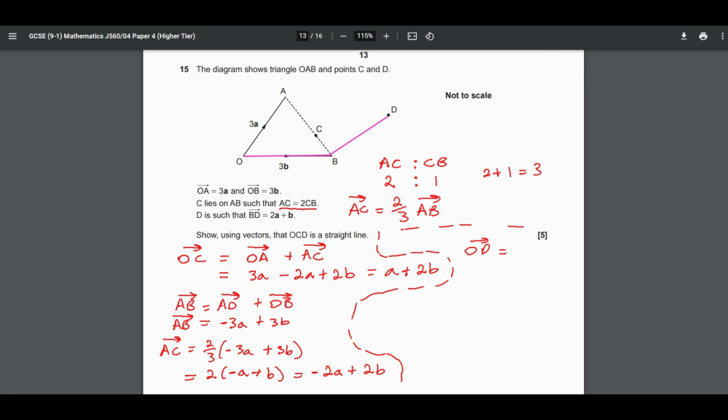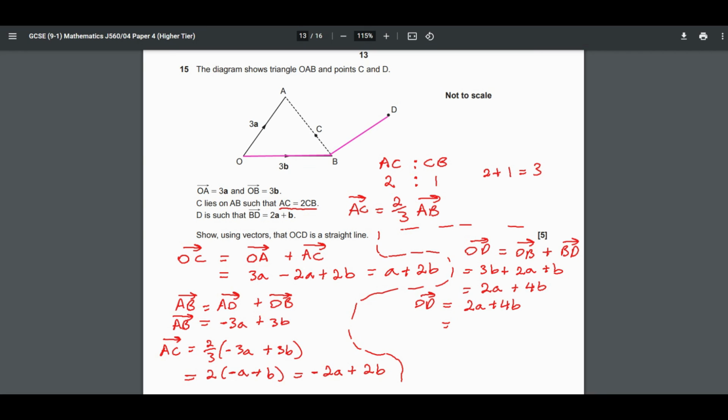So O to D will be O to B plus B to D. O to B is 3b. And then we add B to D, which is 2a plus b. So if we simplify that, we have 2a plus 4b. So O to D is equal to 2a plus 4b.